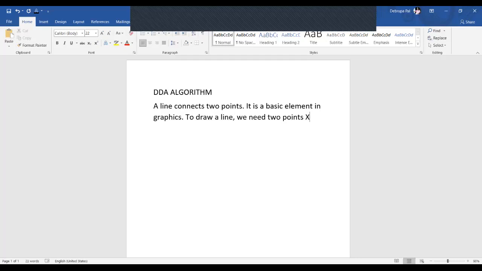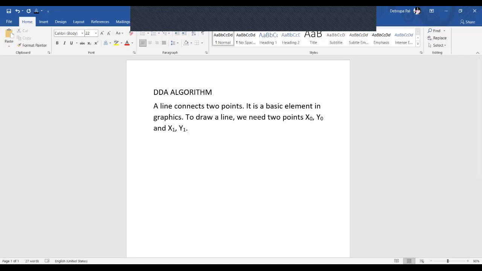Like if I say x0, y0 and x1, y1. x0, y0 is the starting coordinate of the line. So these are the two screen coordinates, the starting point and end point of the line.